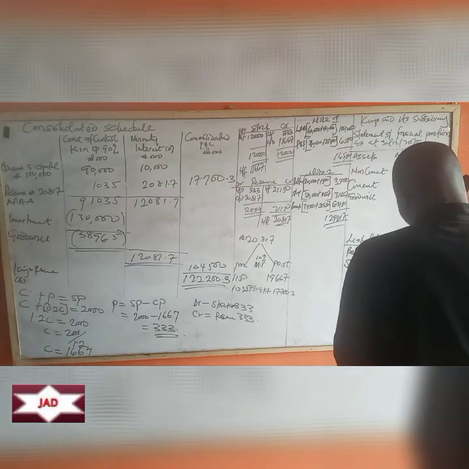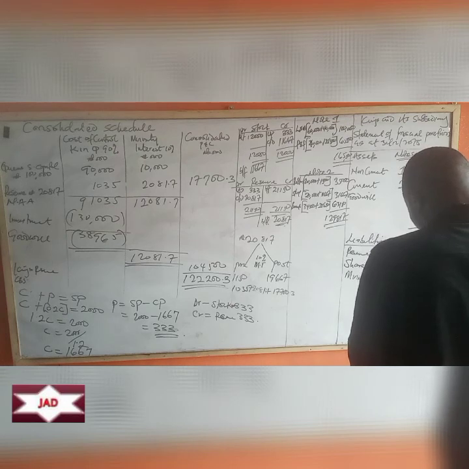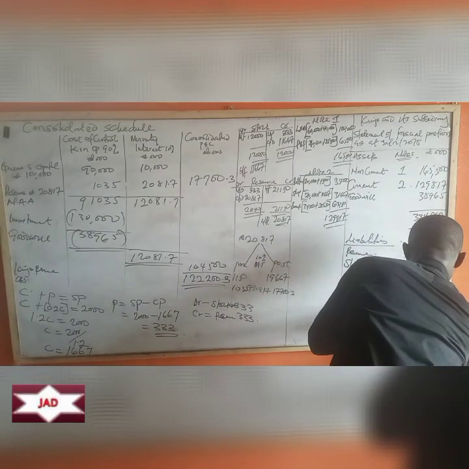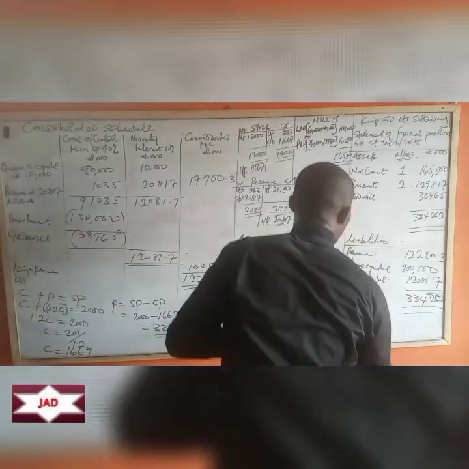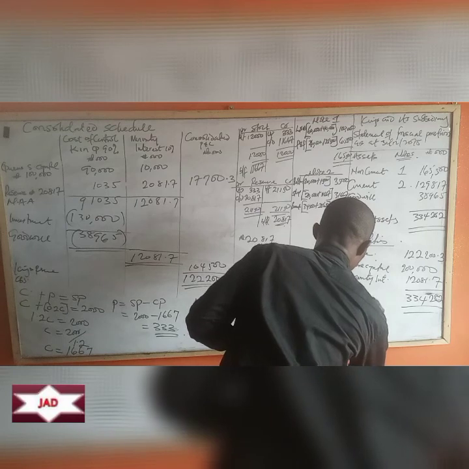So we have 122,200.3 plus 200,000 plus 12081.7. So we have 334,282. This is your total asset, this is your total liabilities.